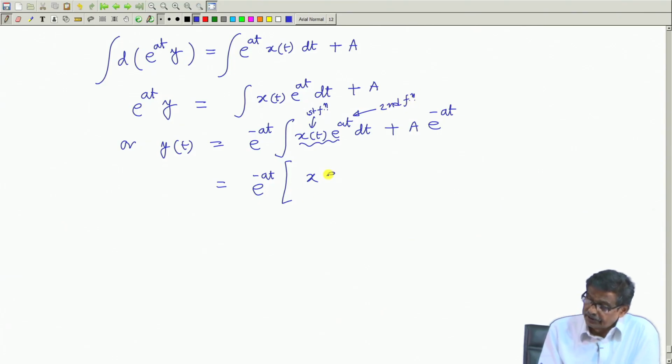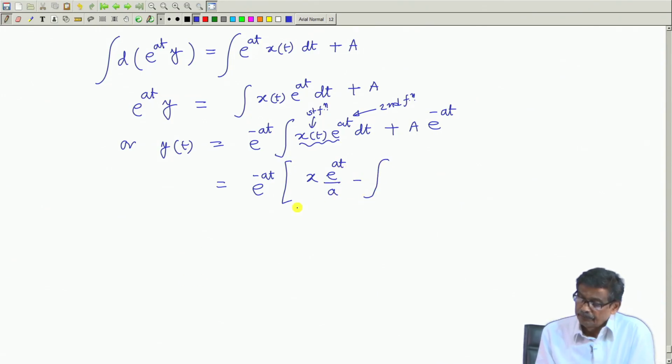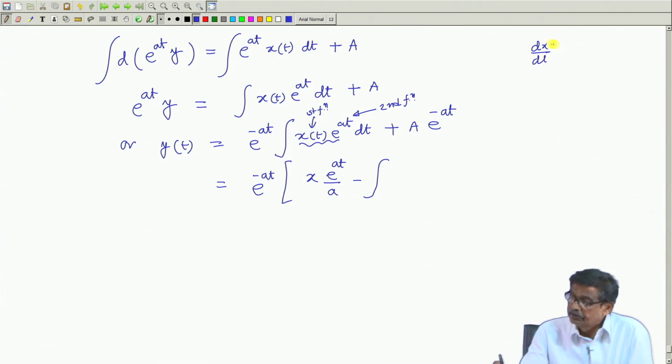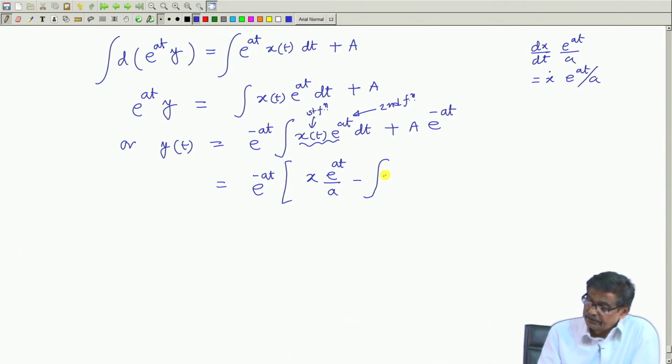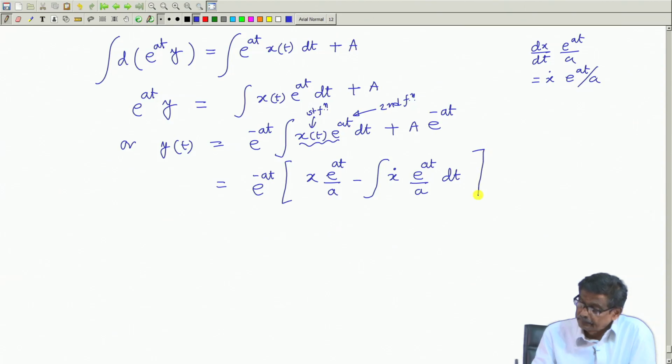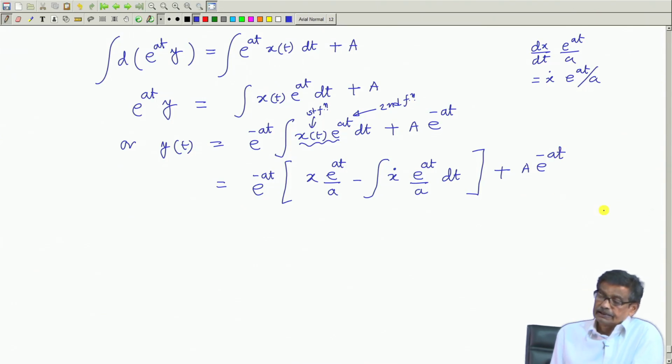So, first function into integration of the second, which will be e to the power a t by a, minus the integration of the differentiation of the first function, that is dx/dt, which I will write as x dot, into integration of the second, e to the power a t by a, where a is a constant number, into dt, and plus A into e to the power minus a t. This will be the thing.